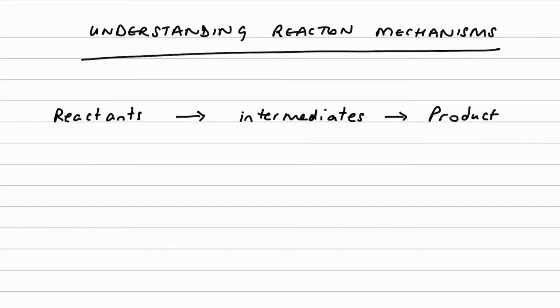Now, in organic chemistry and carbon-based chemistry, these intermediates are very often carbocations and occasionally carbanions. We come across the carbanions very rarely at A level.